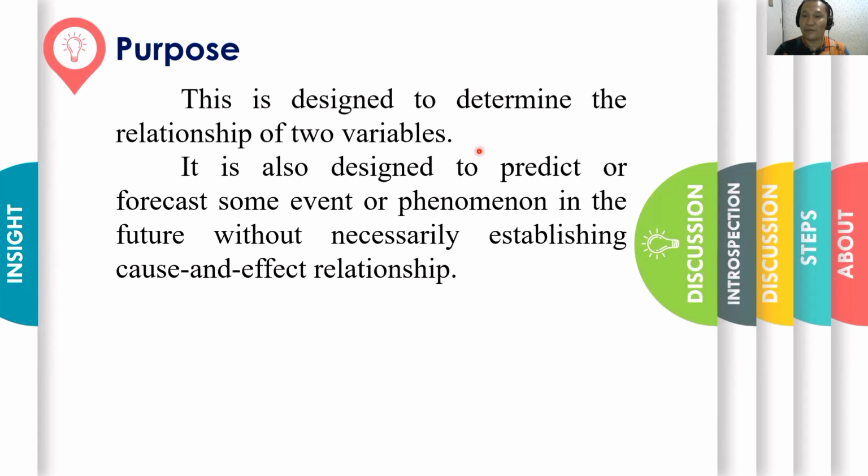And if we found out that there is correlation when we are using interval or ratio data, then we are going to proceed into regression analysis so that we can predict or forecast events relative to the two variables mentioned in our problem. Okay, now what are the examples?